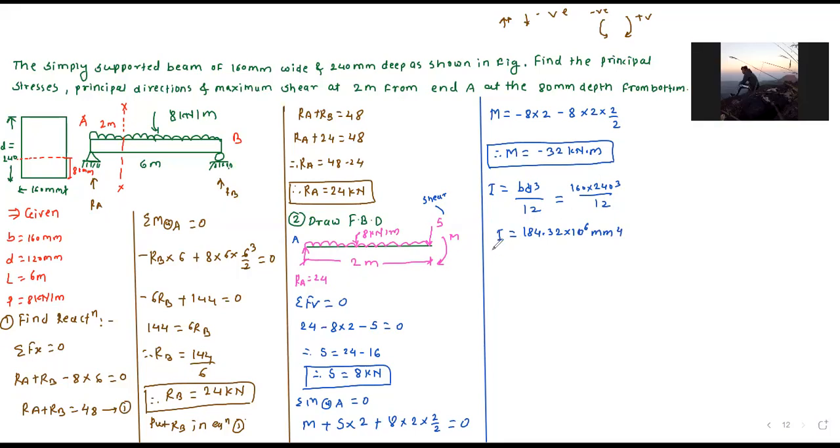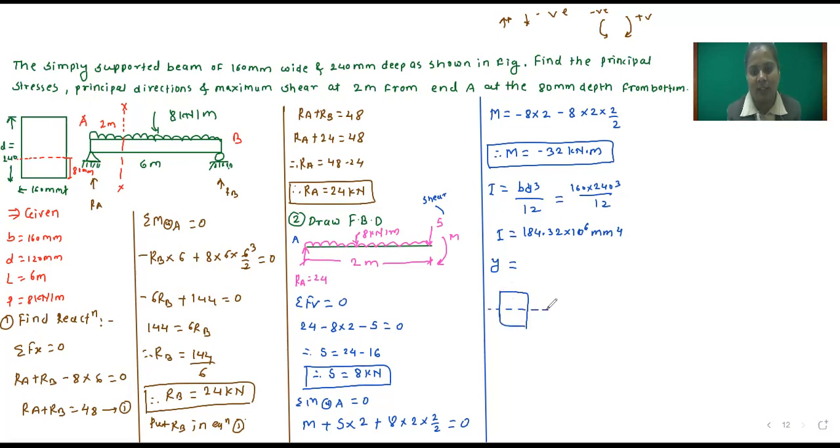Now we have to find the bending stress, and the equation of bending stress is sigma b equal to M into y divided by I. Y is remaining. Suppose this is our rectangular section and this is the neutral axis.